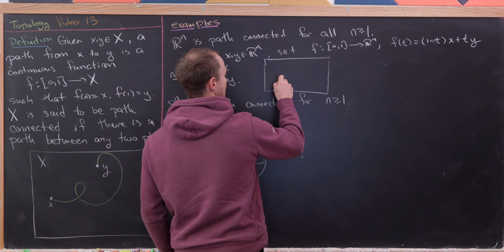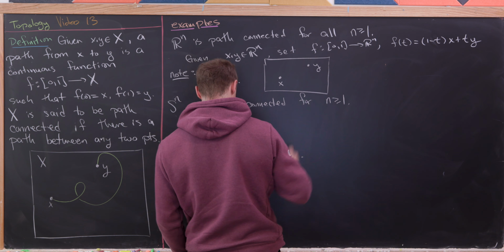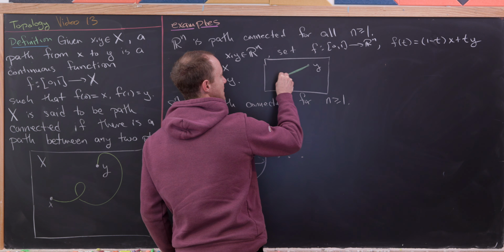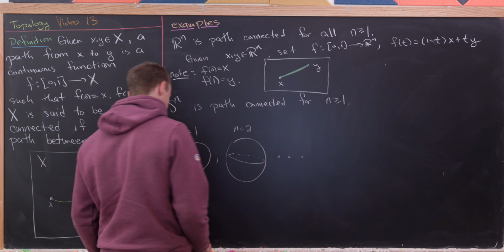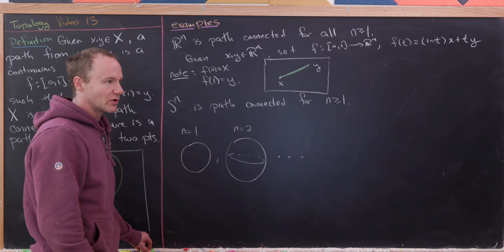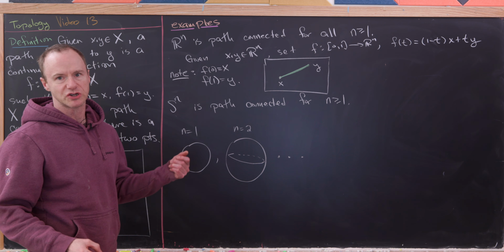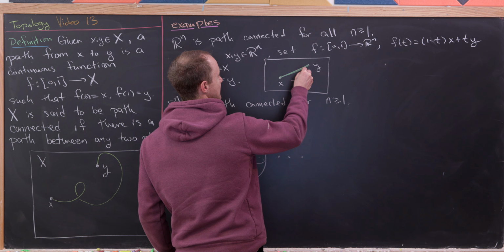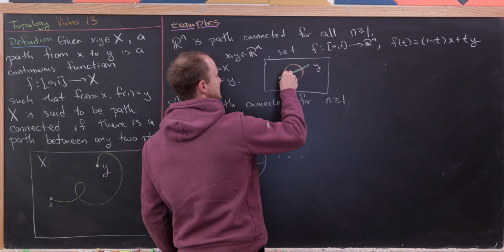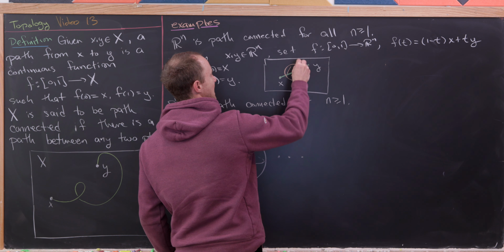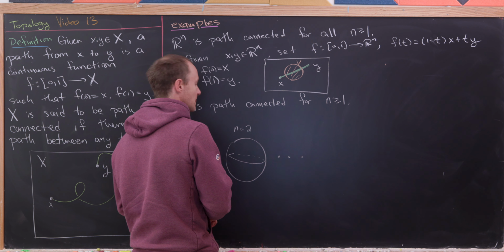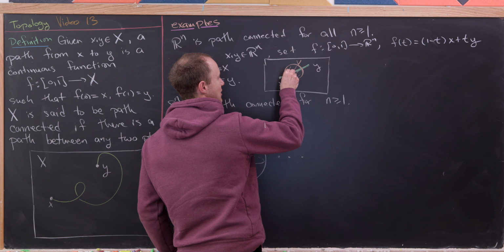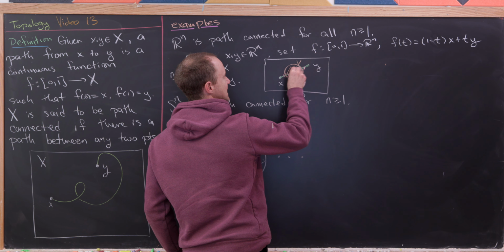You could maybe sketch some little proof of it being continuous like this. So notice here we've got our x, here we've got our y, and our function, like I said, is just this line segment right here. And if you take some sort of neighborhood inside of R^2 in this case, but R^n in general, that'll be something like this. I'm not putting the dotted lines here, but let's just consider that as an open set. We'll call that open set V. Notice that that's going to intersect here and here along the line segment.